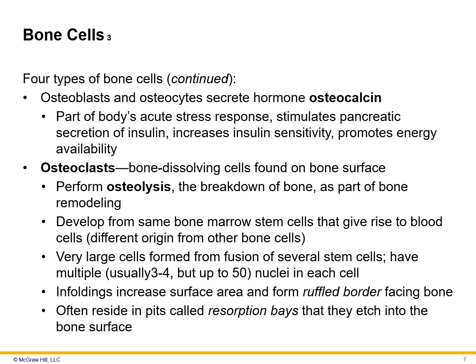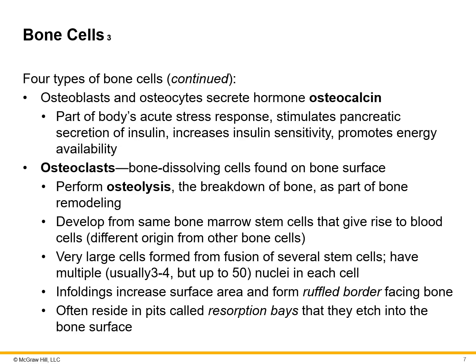The last type of bone cell is an osteoclast. These are bone dissolving cells that are going to be located on the surface of the bone. They will perform osteolysis. If you break down that word, osteo means bone, lysis means to dissolve.